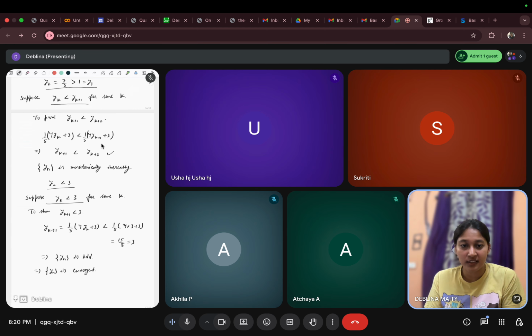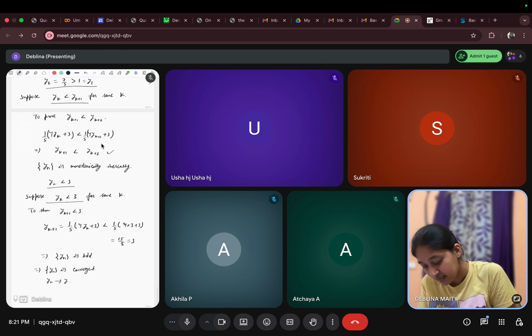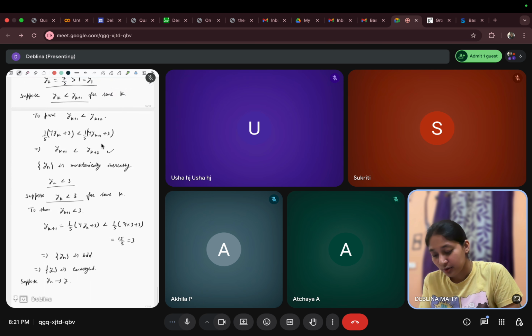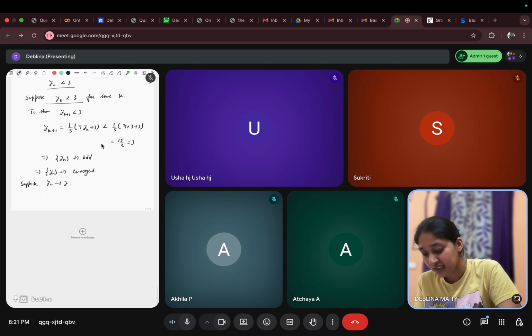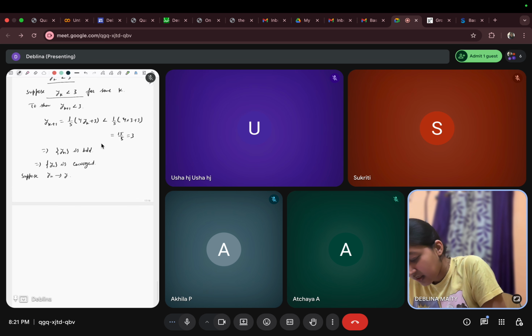So yn is convergent, so it has a unique limit. Suppose yn converges to y. We have to find this y and show that it is 3, that the limit of yn is 3. Now we have yk+1 equals 1/5 times (4yk+3).